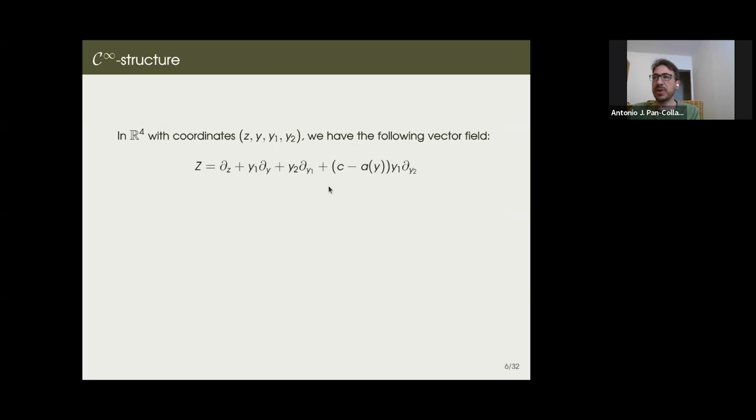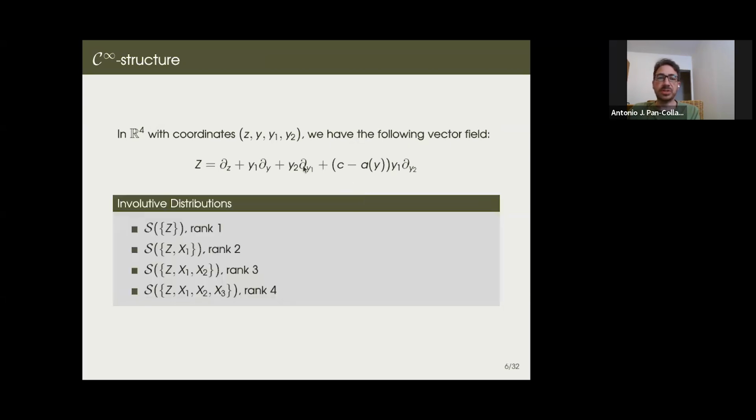So we have this vector field here in R4, encoding the ODE we want to solve, and an infinity structure would be a sequence of distributions starting with the distribution generated by the vector field set, which is of rank 1 and which is trivially involutive, and all these distributions in the sequence are involutive.